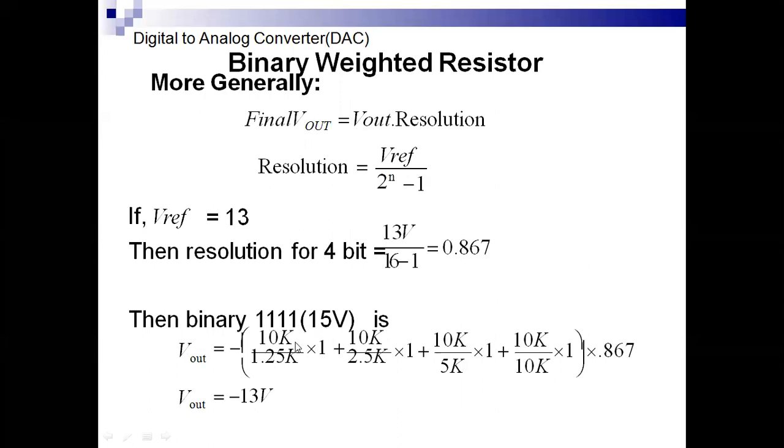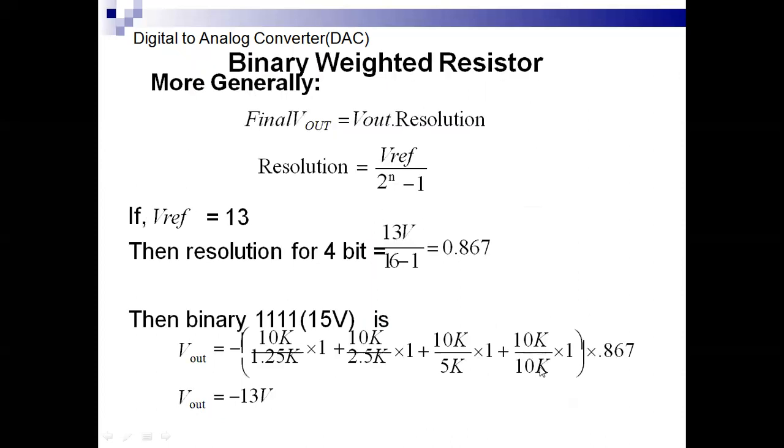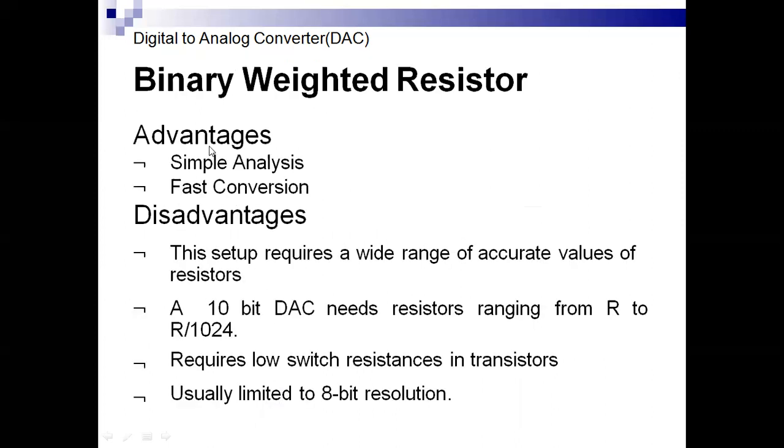So each time 10K divided by 1.25K into 1, 10K divided by 2.5K into 1, 10K divided by 5K into 1, 10K divided by 10K into 1, multiplied by 0.867, that is the resolution for 4-bit. So V out equal to minus 13 volt.